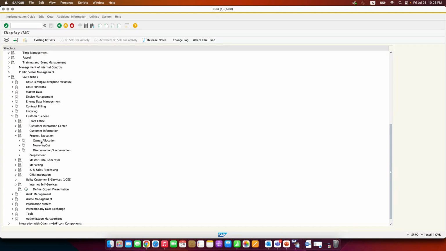CRM is just a sales system or a services system. It is not capable of handling utility services. But recently they came up with an option called contract management where they can do a move in and a move out using CRM. But still, they have to replicate it back to the back office.